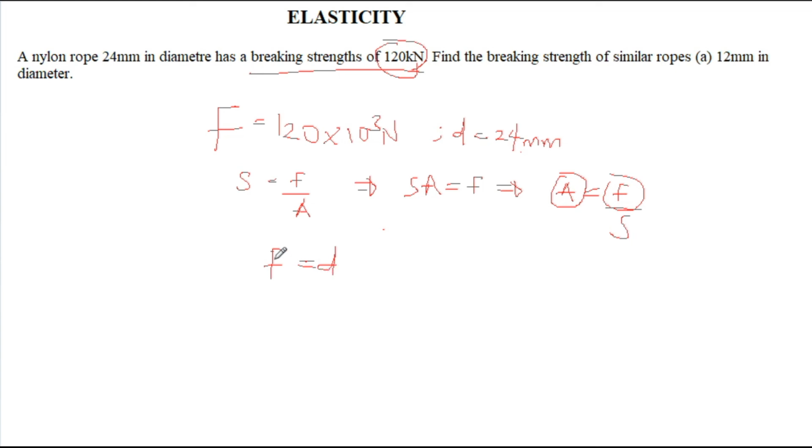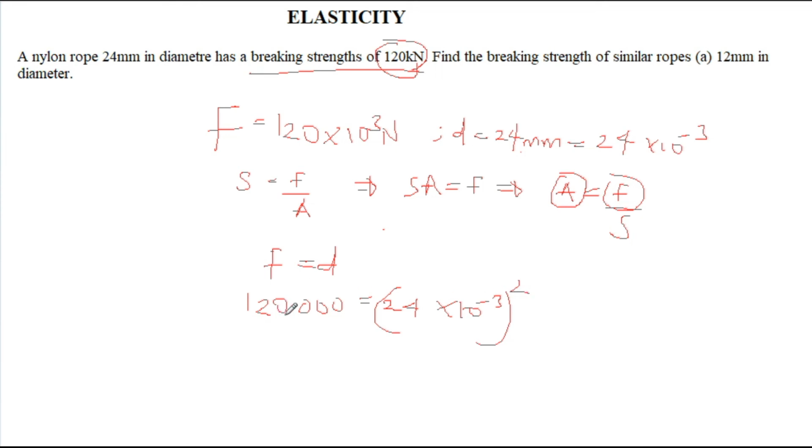So we have a force of 120 kilonewton, 120,000 newton, equal to the square of the diameter. 24 millimeter, we can write as 24 times 10 to the power minus 3, squared.